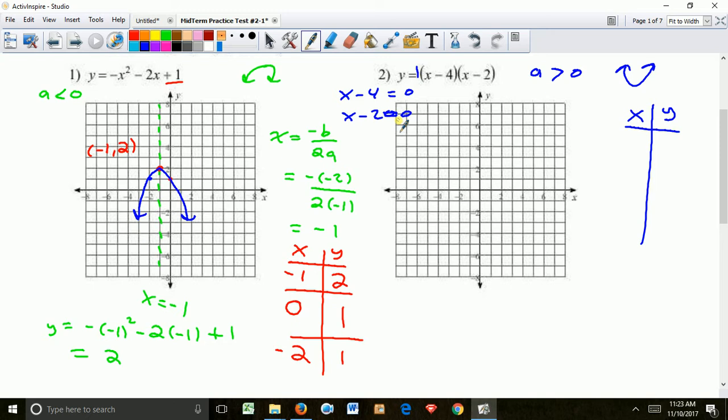You're going to get x minus 4 is equal to 0, x minus 2 is equal to 0. In both cases, when x is 4 and x is 2, the value of y is 0. So you are going through the points 2, 0, and 4, 0. The axis of symmetry lies directly between those 2 points.